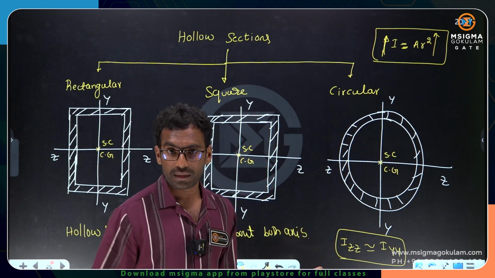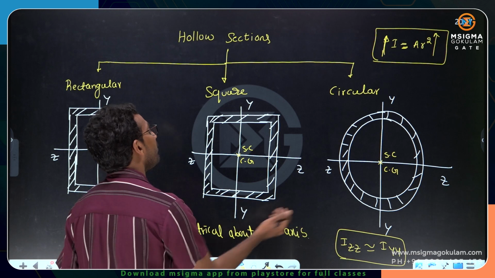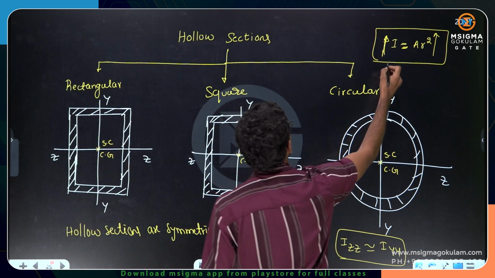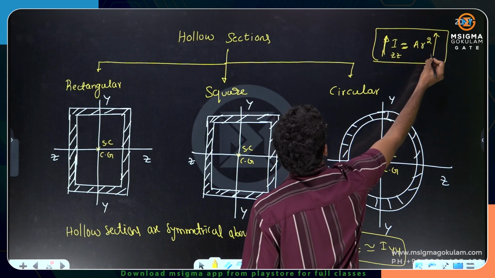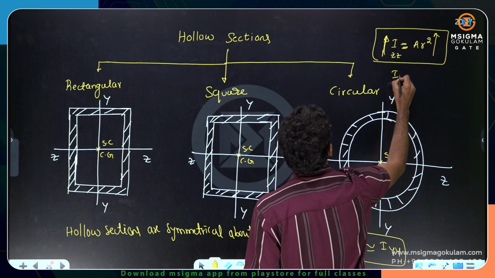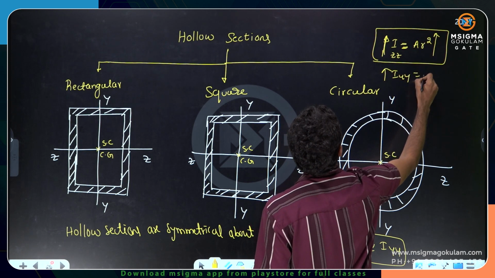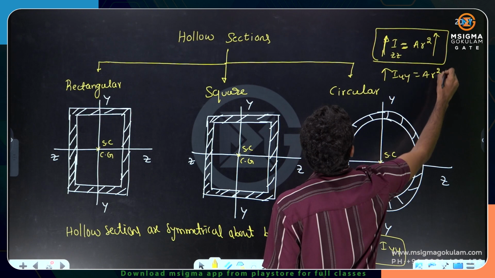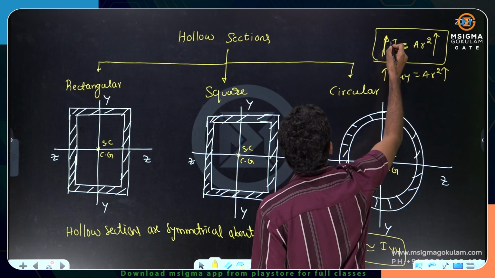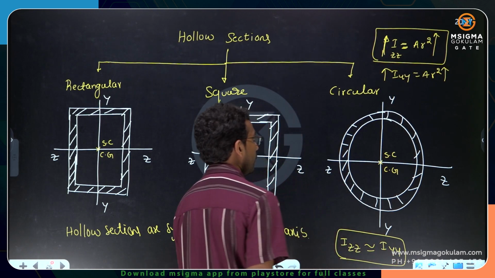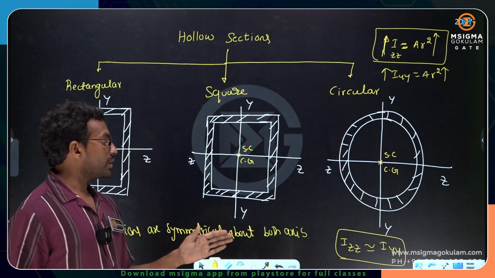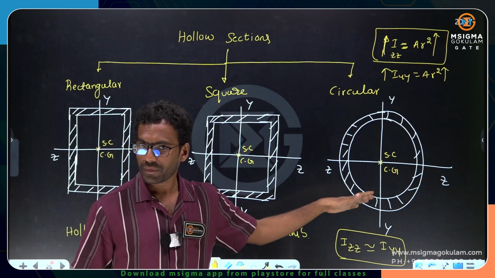And not only that, individual moment of inertia is also more. Very simple. IZZ is more because R is more. Even IYY is more because R is more. So individual moments of inertia are more. At the same time, moment of inertia about ZZ and YY is also the same.